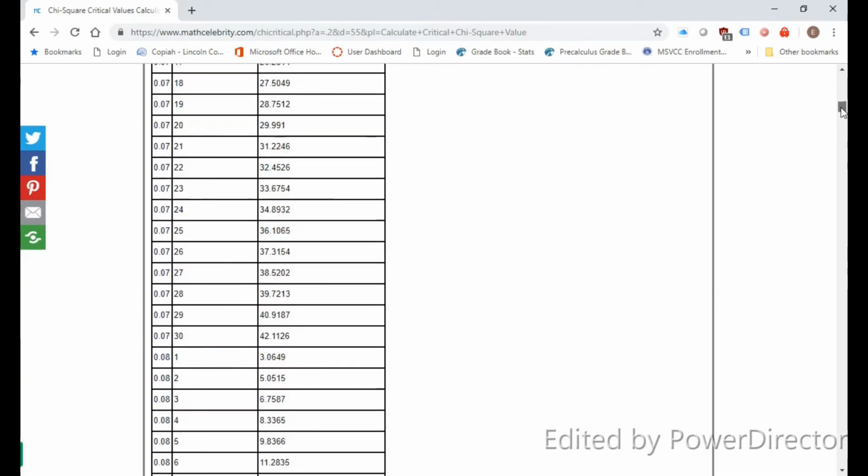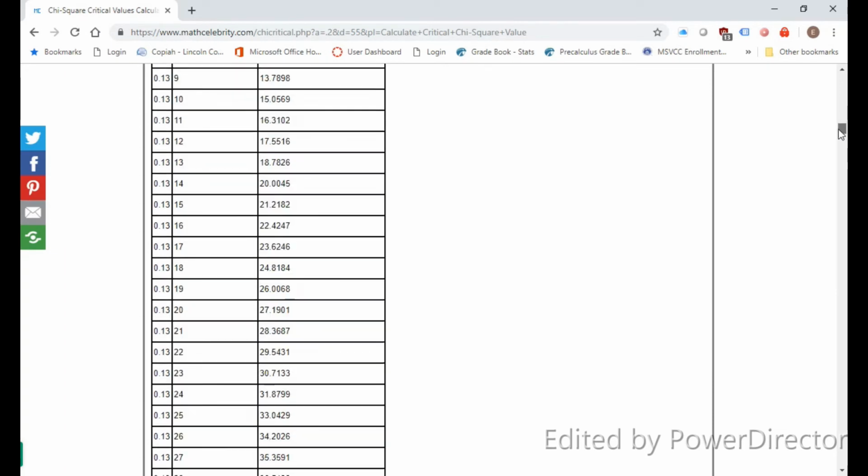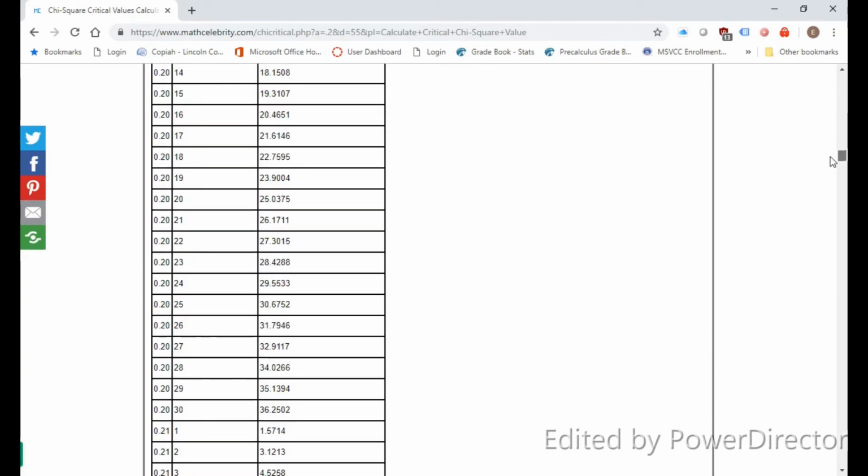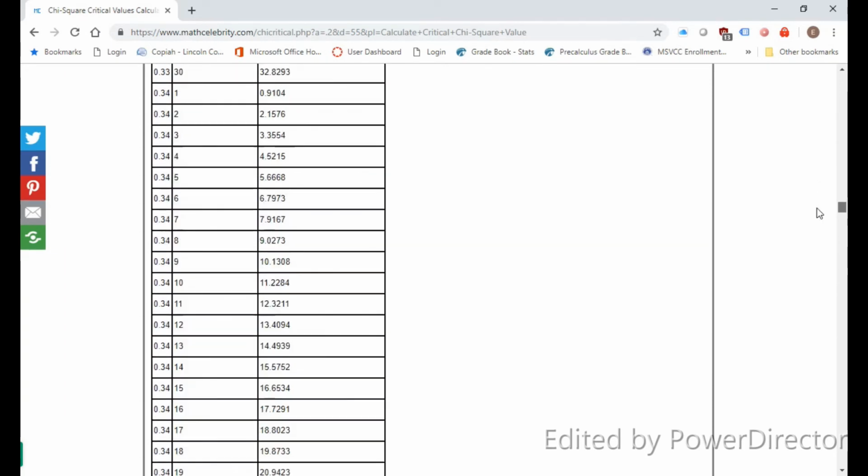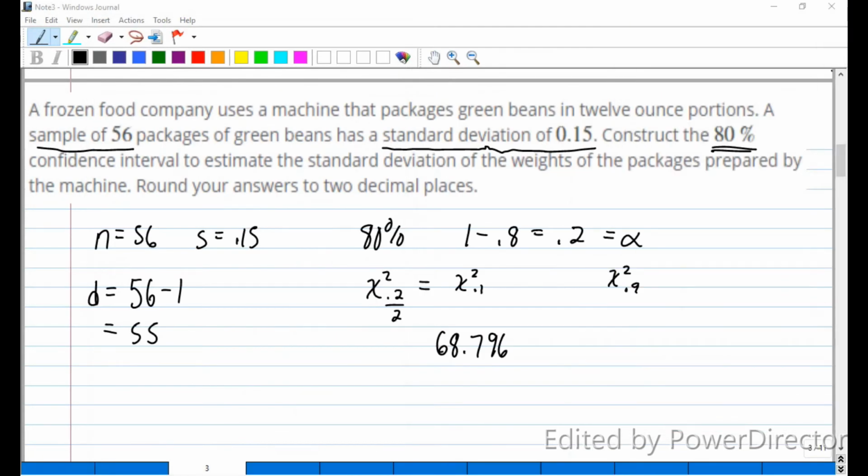I'm going to have to scroll down a while, because I don't see 55. Yeah, let me see. I have to scroll down far to get to 55. I don't know. Let's see. Degrees of freedom. 0.01.